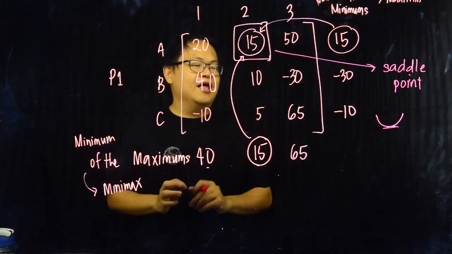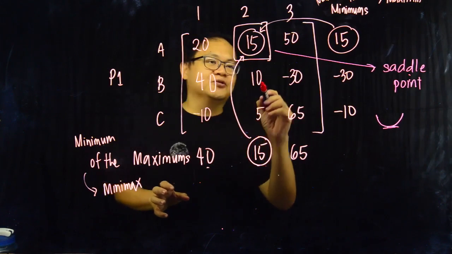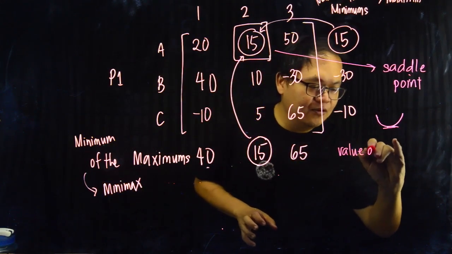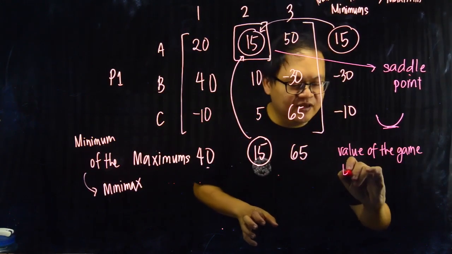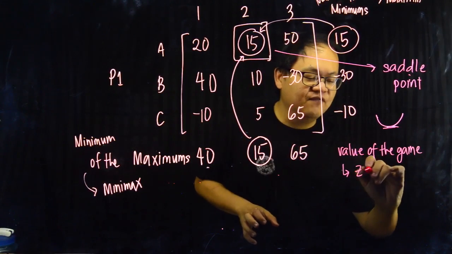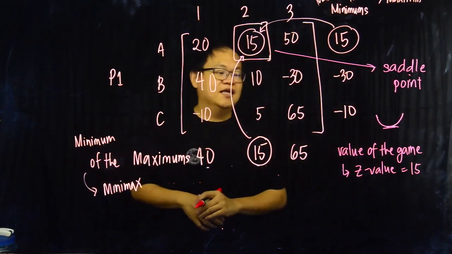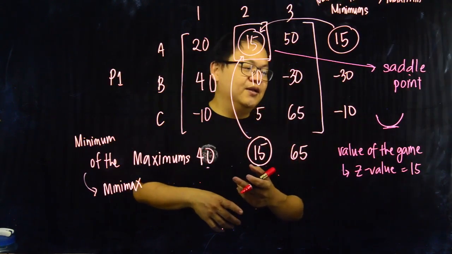Okay? Now, let me introduce to you the term value of the game. The value of the game essentially is your Z value. And in this case, the value of the game is 15. In the previous example we had, the value of the game is 40. Okay?